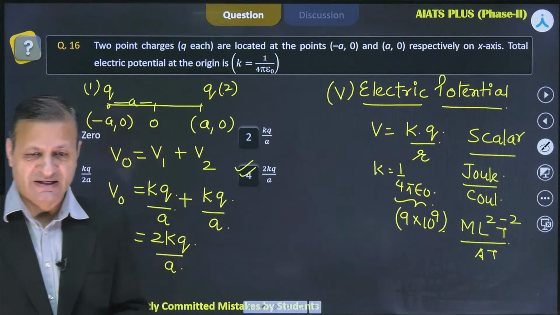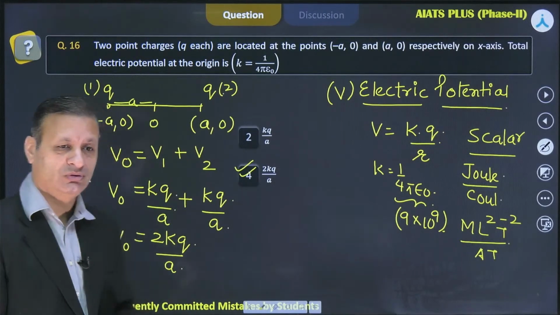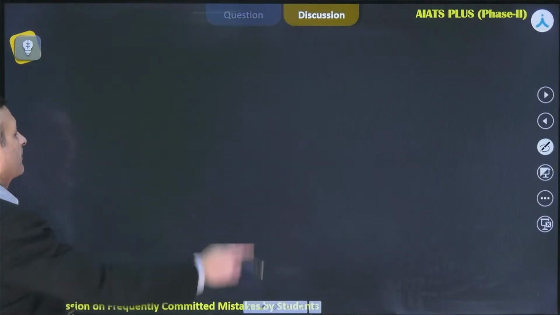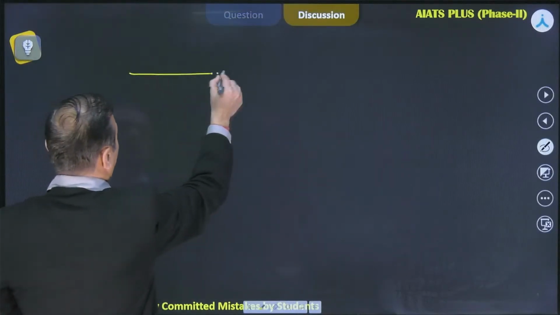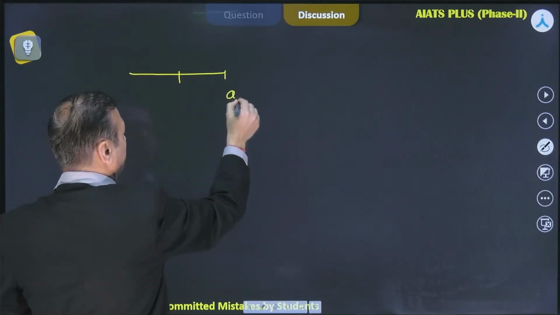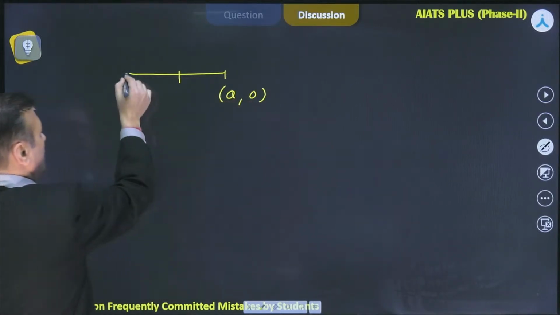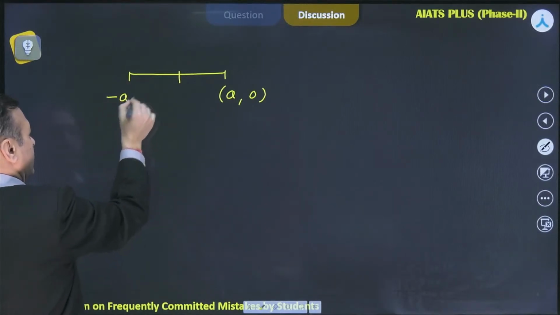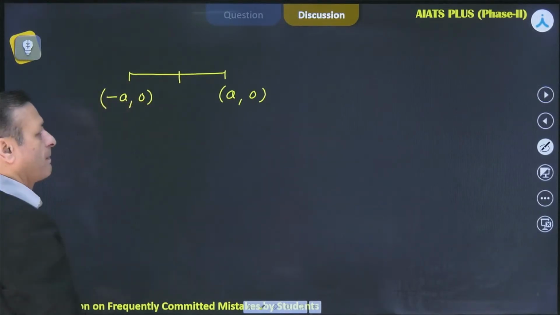Yes, Manas Singh has again a question, so I am coming to the same concept. Let's suppose we have the same origin and the same coordinates, a comma 0 and minus a comma 0.